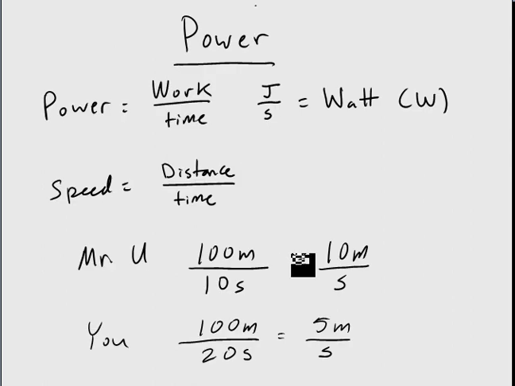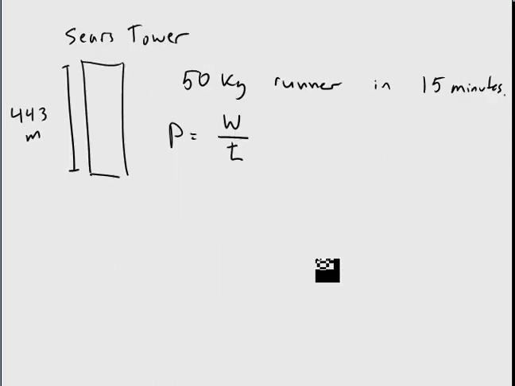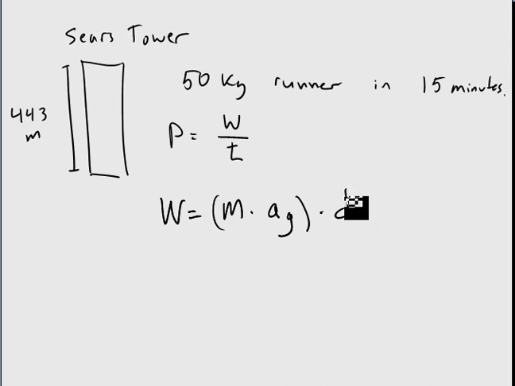So the first step is to calculate the work. And we know that the work for going against gravity, right? So she's climbing the stairs, which means she's lifting her own mass, right? So she's going to do work against gravity. So the work that she does is going to be equal to her mass times the acceleration due to gravity, because that's the force that she needs to lift herself up against gravity, times the distance that she's lifting herself.